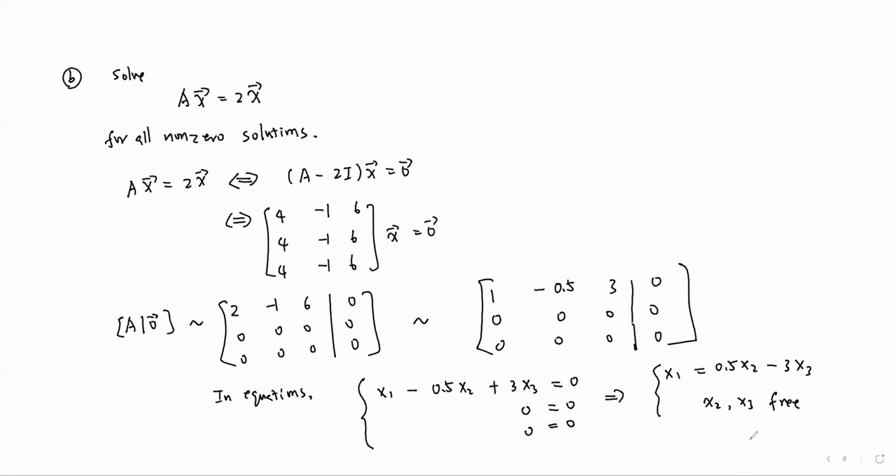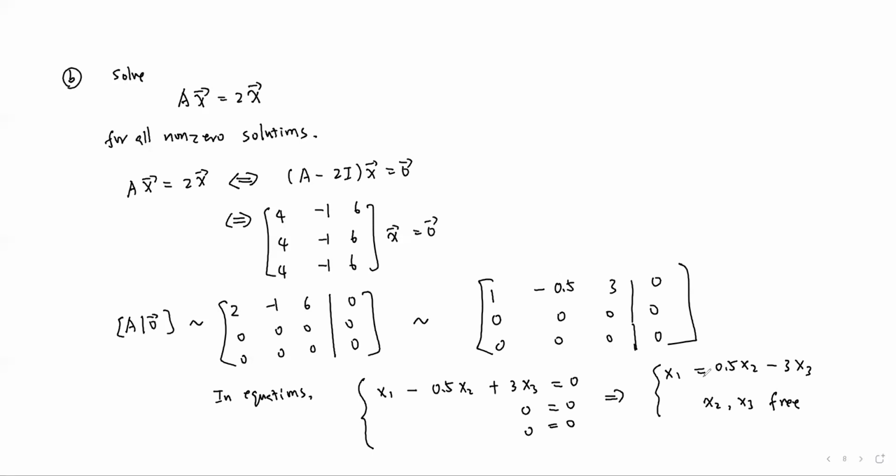After we get the general solution, write the general solution in vector form. Why? Because an eigenvector is a vector. So write the solution in vector form.